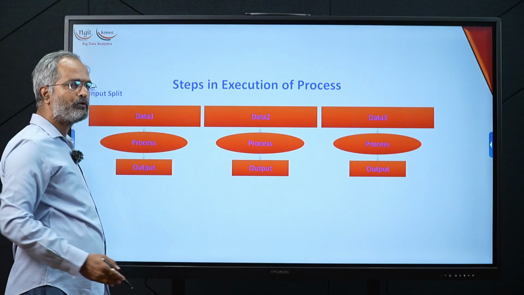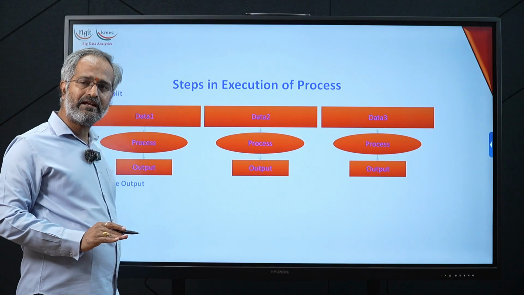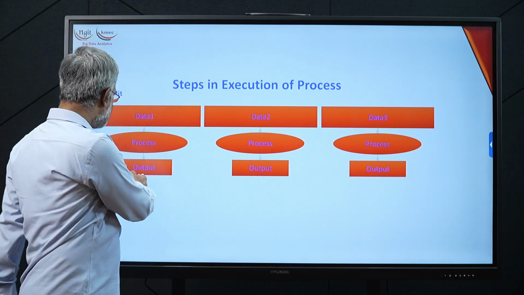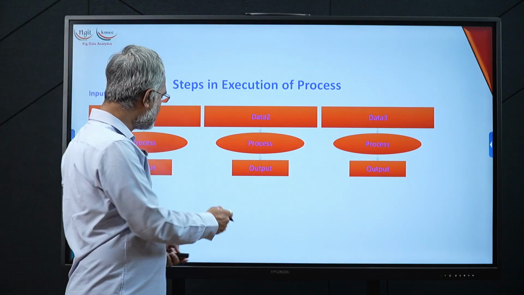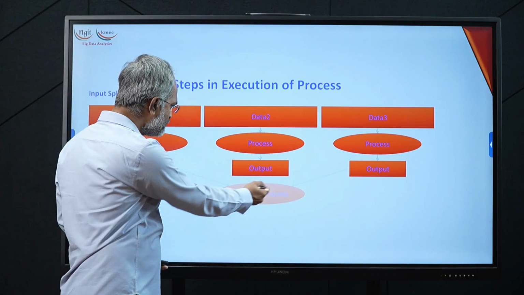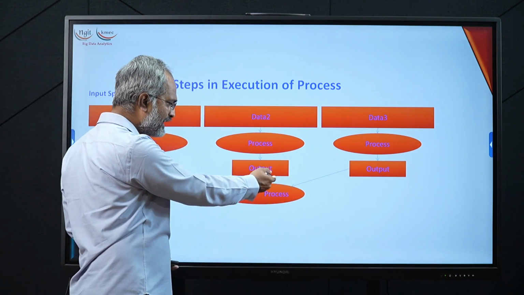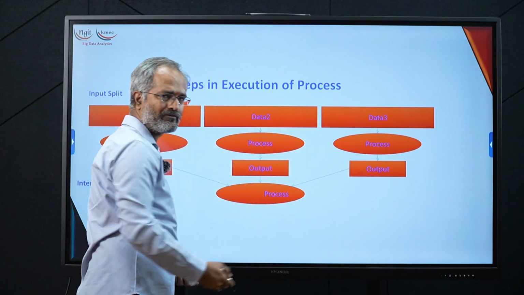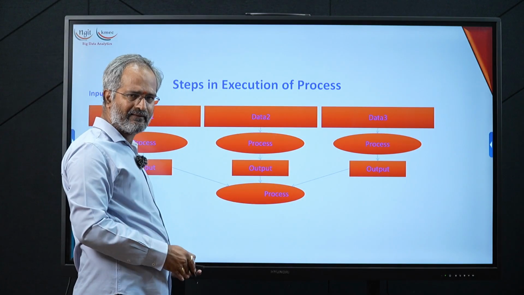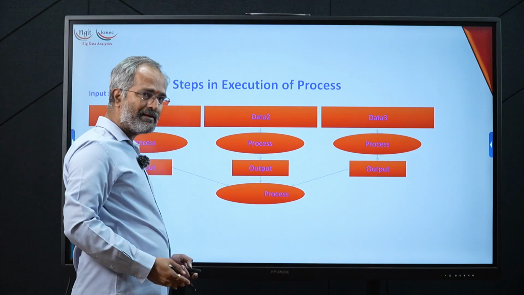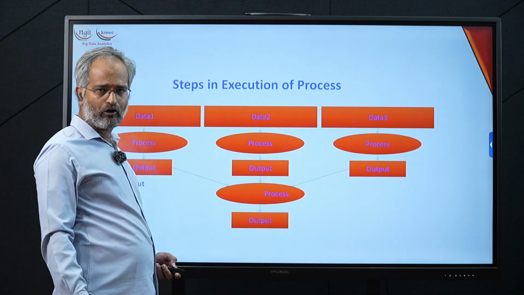These outputs are not the original outputs; these are intermediate outputs. The intermediate outputs have to be aggregated, so we combine them using a separate process that takes the outputs from all the processes previously executed, combines them, and produces the final output.